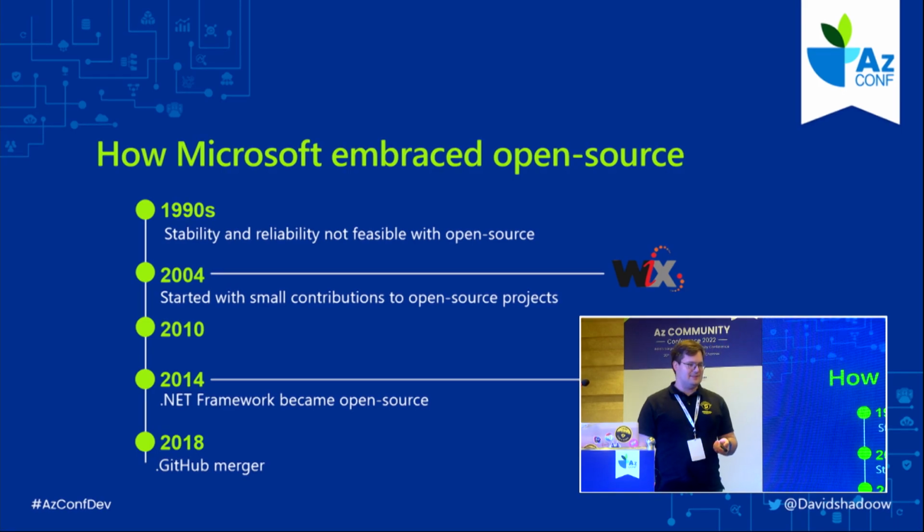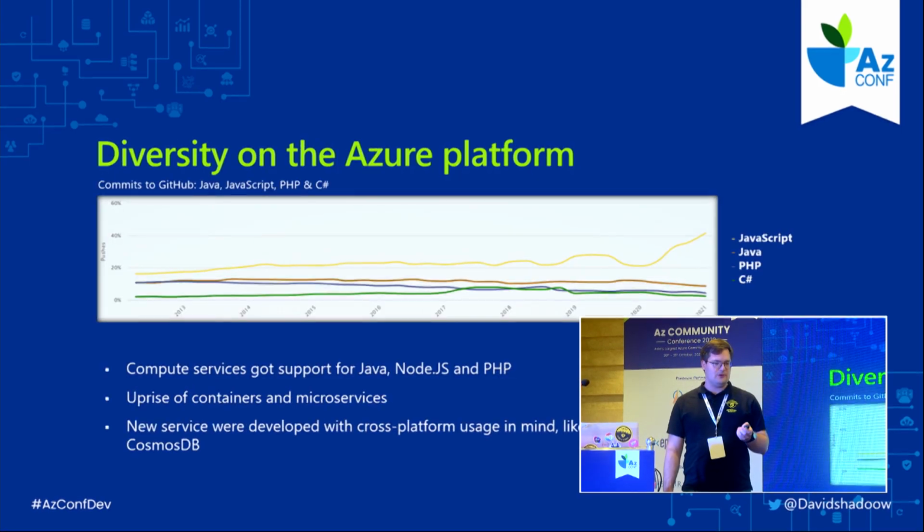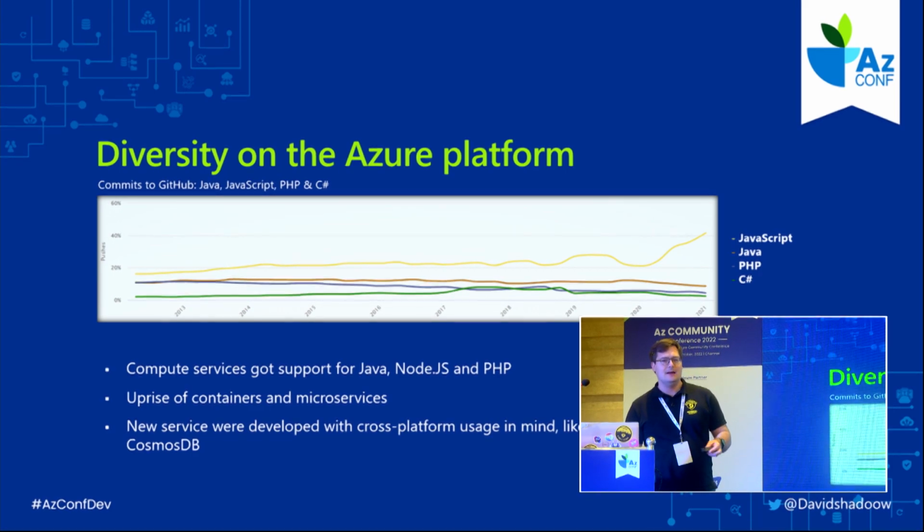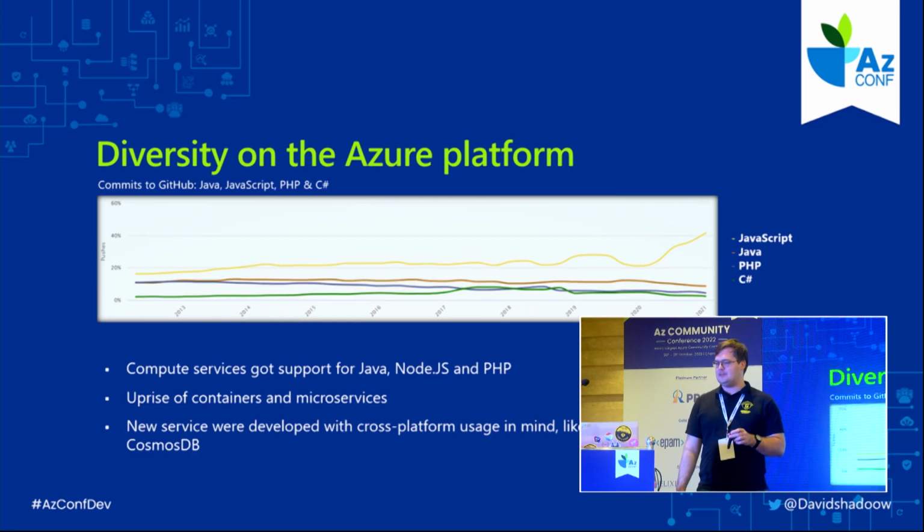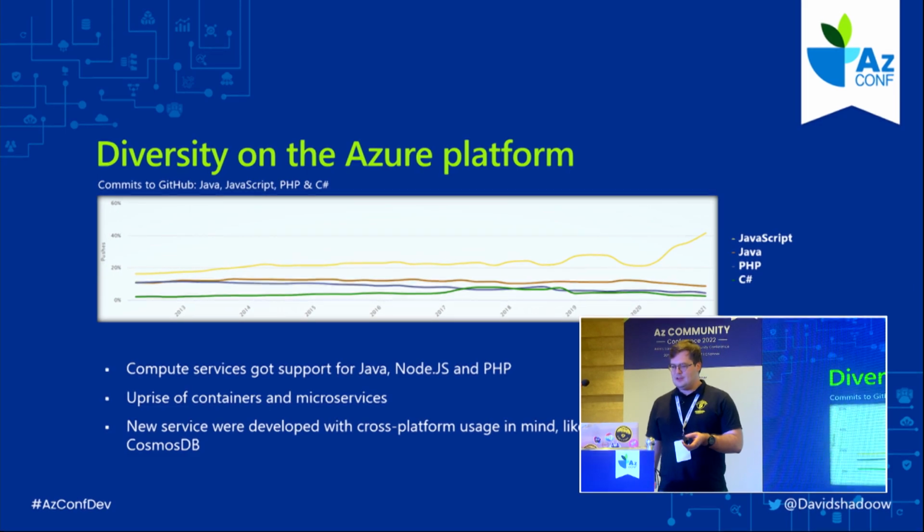So with this in mind, you can also see how they would have to have Java on the Azure platform as well, because Java is a major part of the open source community. I put here on the screen a graph which shows the commits for different programming languages on GitHub at the time.